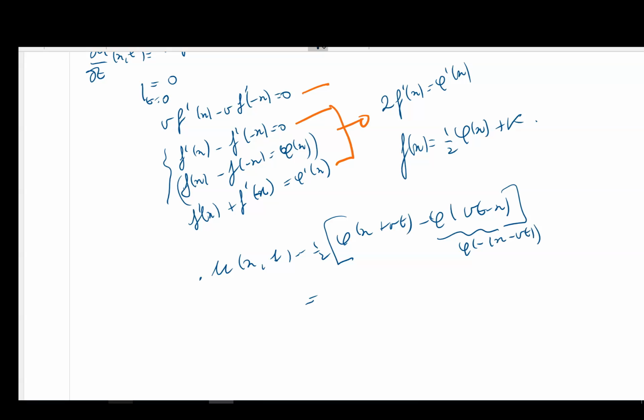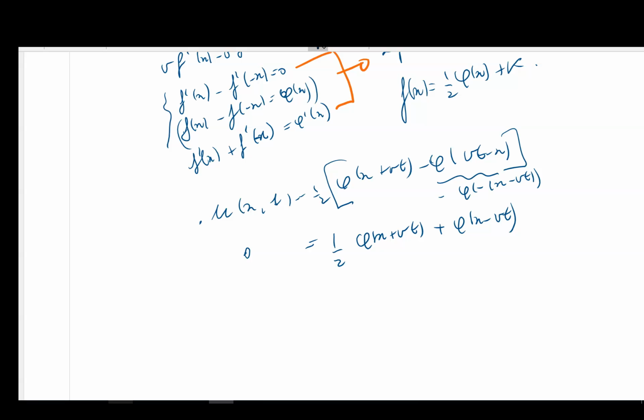Okay, and that should be equal to minus phi of x minus vt, so I get 1/2 phi of x plus vt plus phi of x minus vt. Okay, that's what we find.